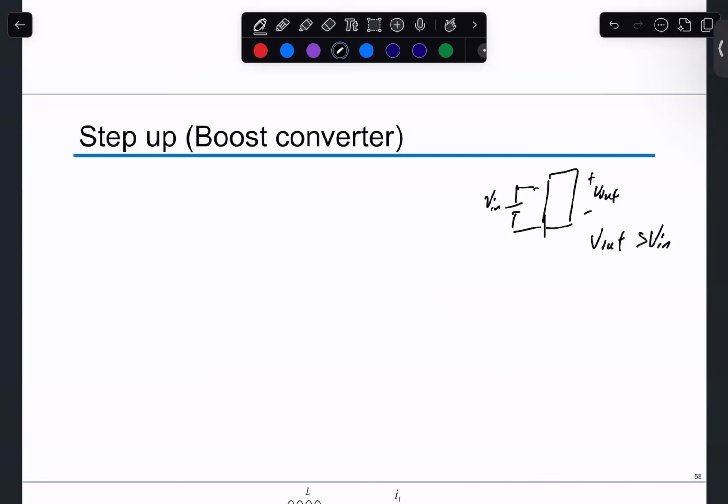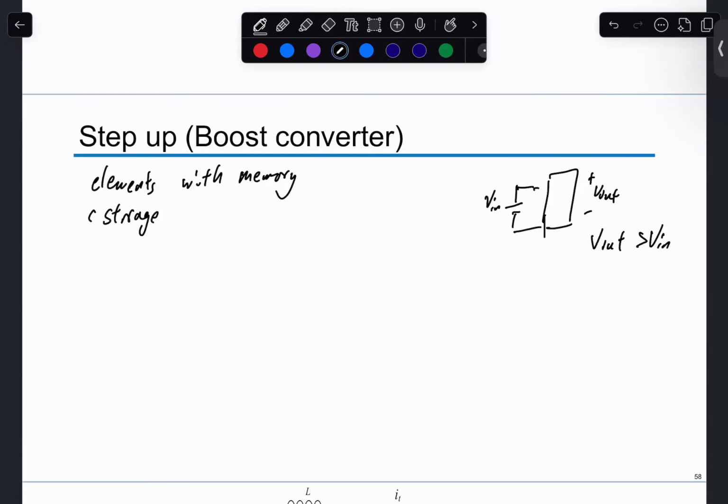And this is more tricky to do because we could not just insert a switch in the middle, right? So in the buck case, we just insert a switch in the middle. Here, we really cannot do that. So the idea is, to step up the voltage, we need some element with memory, or storage.